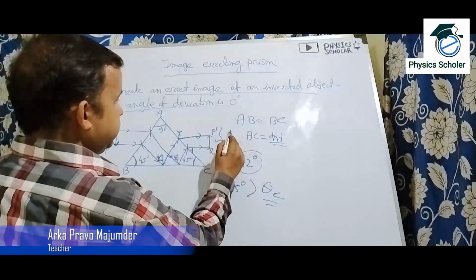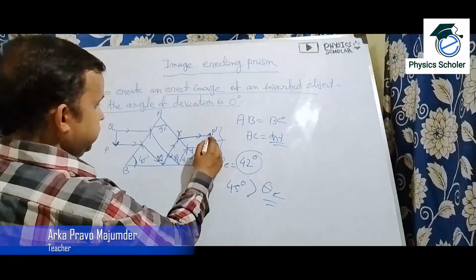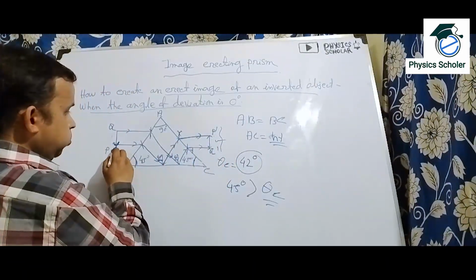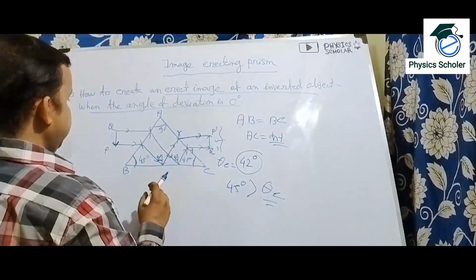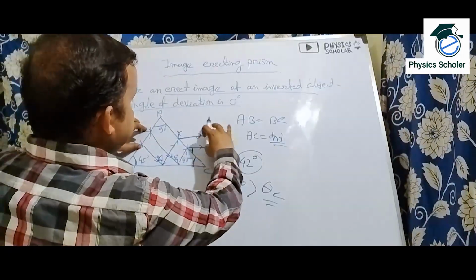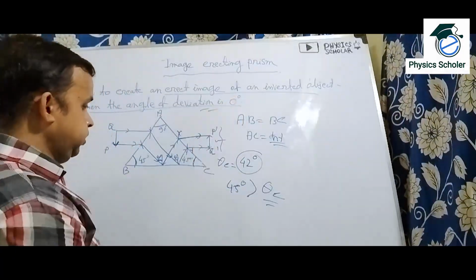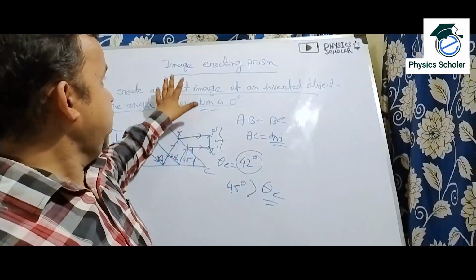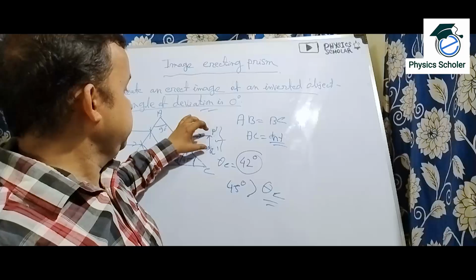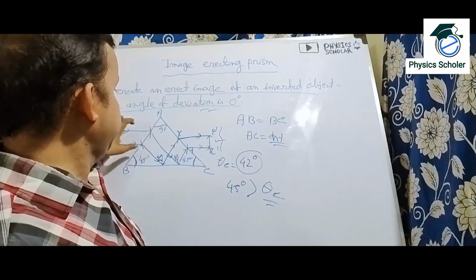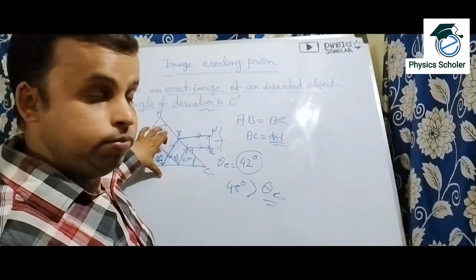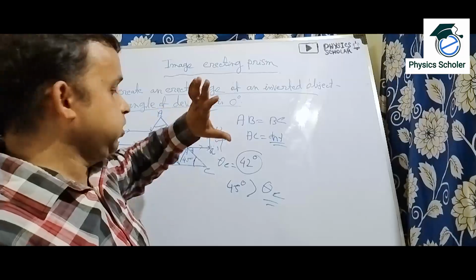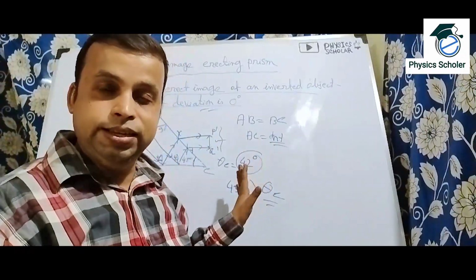You see, the image is erect. The object was inverted and the image is erect. This is the incident ray and these are the emergent rays. The angle of deviation is now 0 degree. So this is how we can have an erect image of any inverted object by using a prism where the angle of deviation is 0 degree. I think it's clear to you.